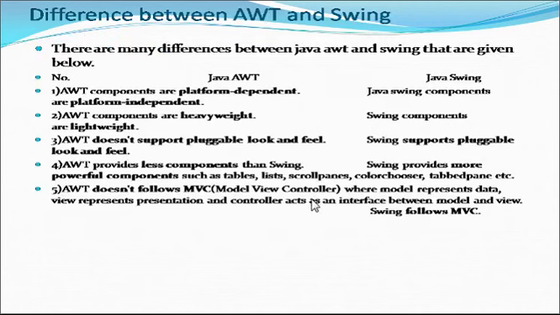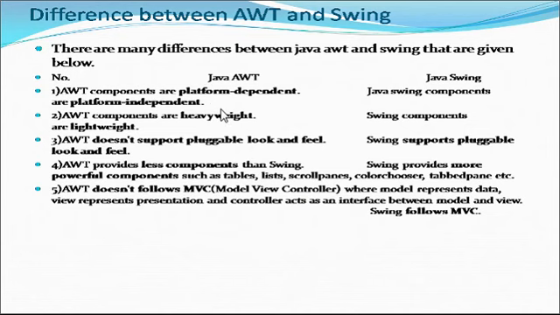Now, the differences between AWT and Swing. Firstly, AWT components are platform dependent. I already told you, each AWT component like button and label is platform dependent, but Java Swing components are platform independent. AWT components are heavyweight, and Swing components are lightweight.